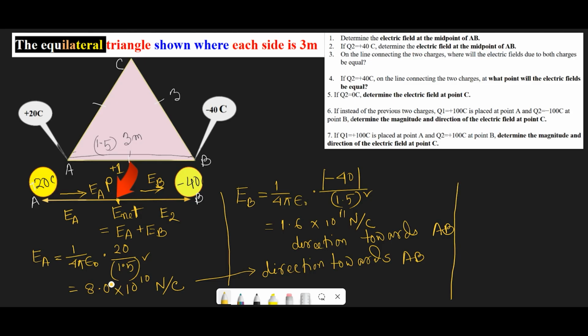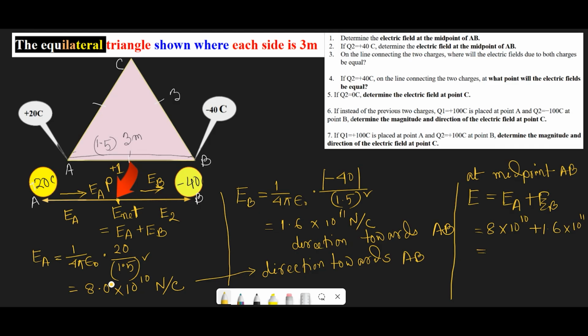So E total at the midpoint of AB, E equals EA plus EB. So EA is 8 into 10 to the power 10 plus 1.6 into 10 to the power 11.